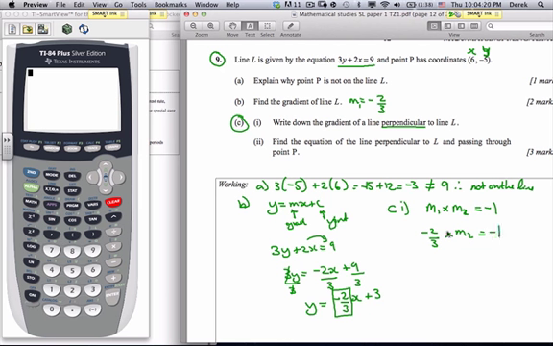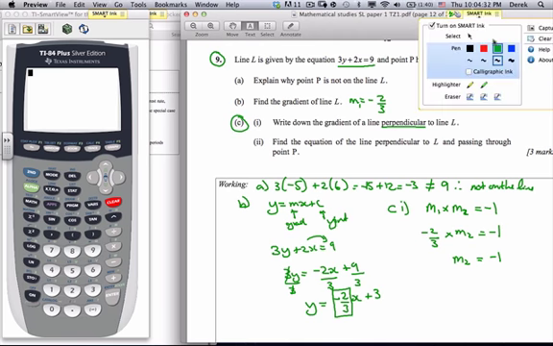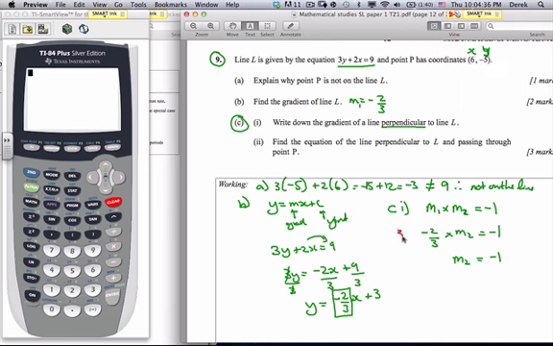Now there's different ways of doing this, but probably the easiest way is to get m2 by itself. To do that, I'm going to multiply both sides by 3 over 2.